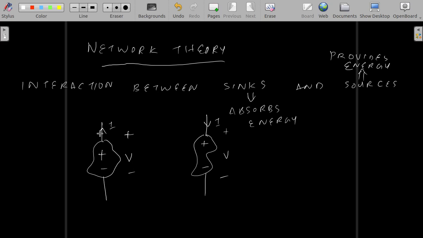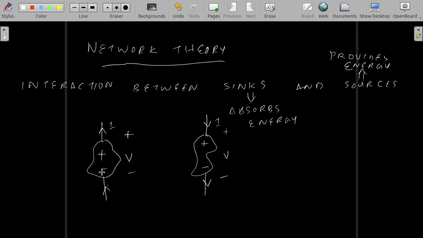That is, whether the current is leaving the element or entering the element at the higher potential or lower potential. Here current is entering, here current is leaving. So this is a major distinction regarding whether this is a sink or a source.